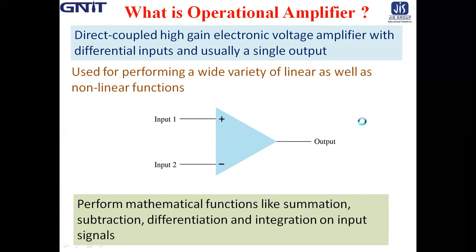The operational amplifier is a direct coupled high gain electronic voltage amplifier with differential inputs and usually a single output, and is used for performing a wide variety of linear as well as nonlinear functions.